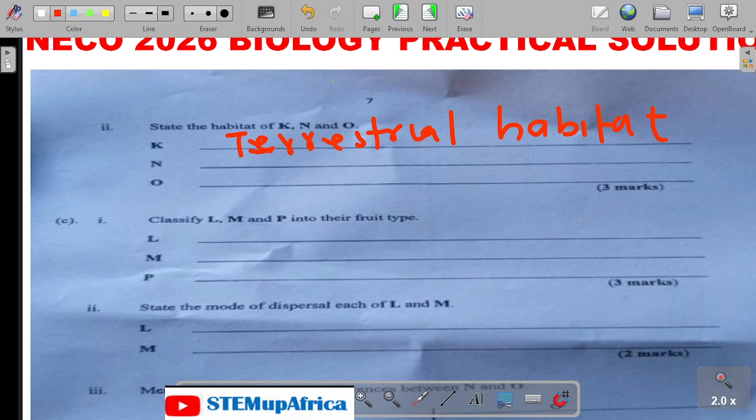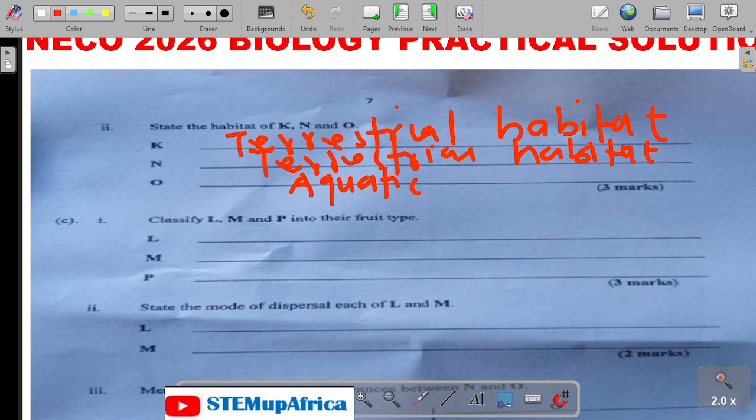N is also terrestrial habitat. Then O is aquatic habitat.